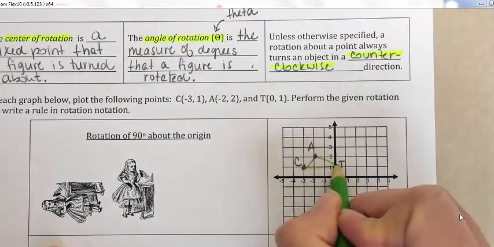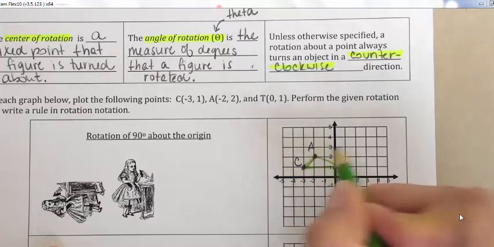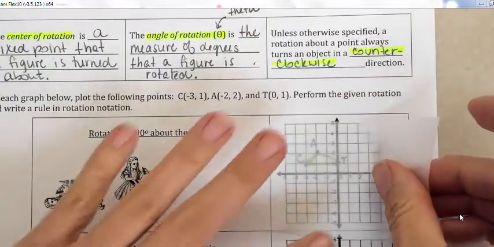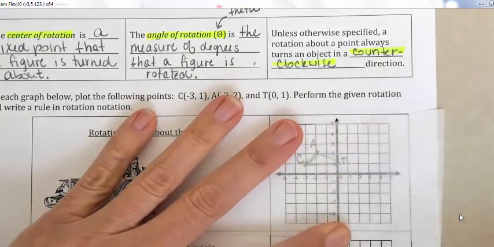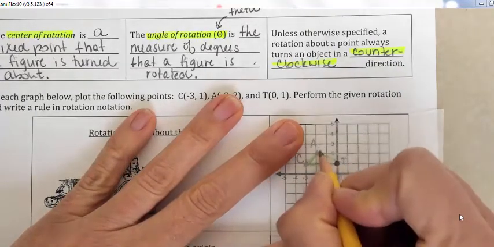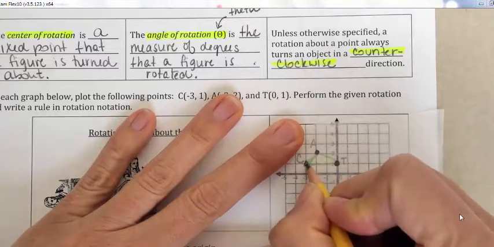Just to differentiate. So there's CAT. Triangle CAT. Okay. So what I'm going to do is I'm going to use my tracing paper. I'm going to go ahead and put CAT on here.